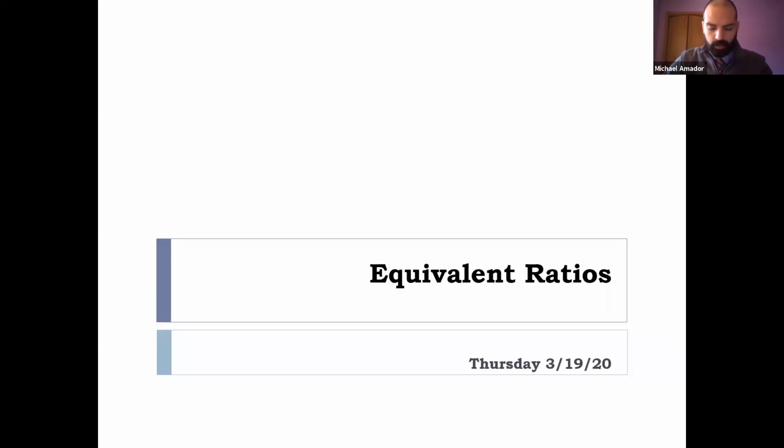What do we know about graphing on a coordinate grid using an equation? Everyone's thinking. What do we know about graphing points on a coordinate grid using an equation? That's x and y, remember, right? Like y is equal to 5x, or y is equal to x minus 3.